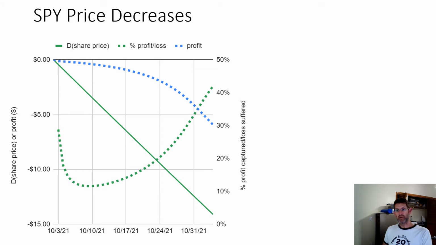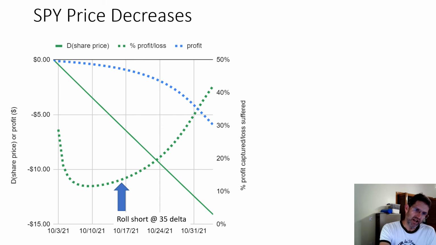So even though the spread was a net 23 delta, it should decrease like 23 shares of stock, but it really decreased like about 10 shares of stock. So we seem to be mitigating the potential loss by trading the poor man's covered call. And what you notice though is that green dotted curve stays stable at about 10% from October 10th out to October 17th.